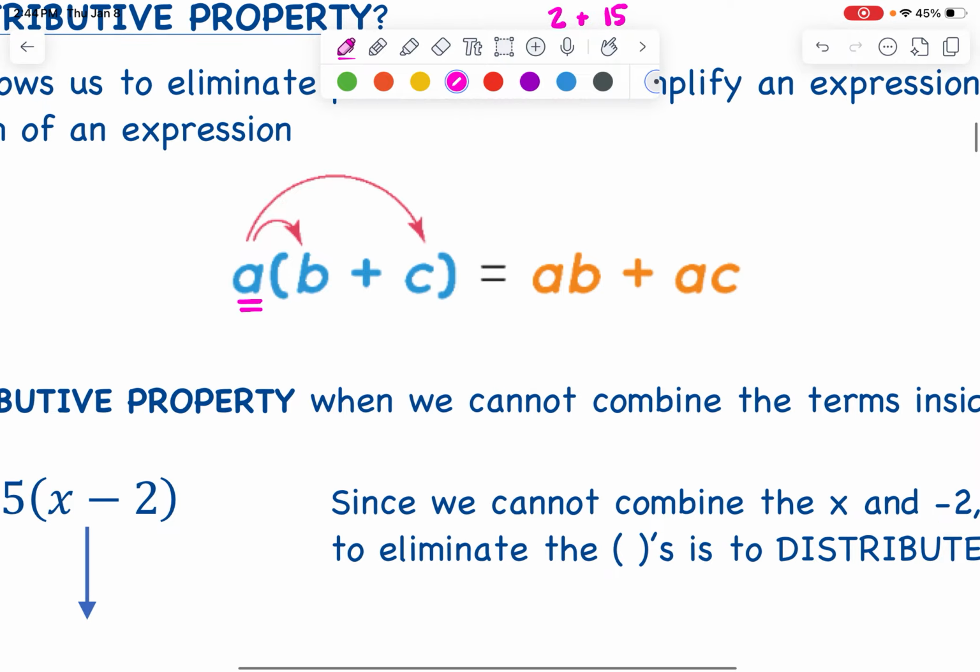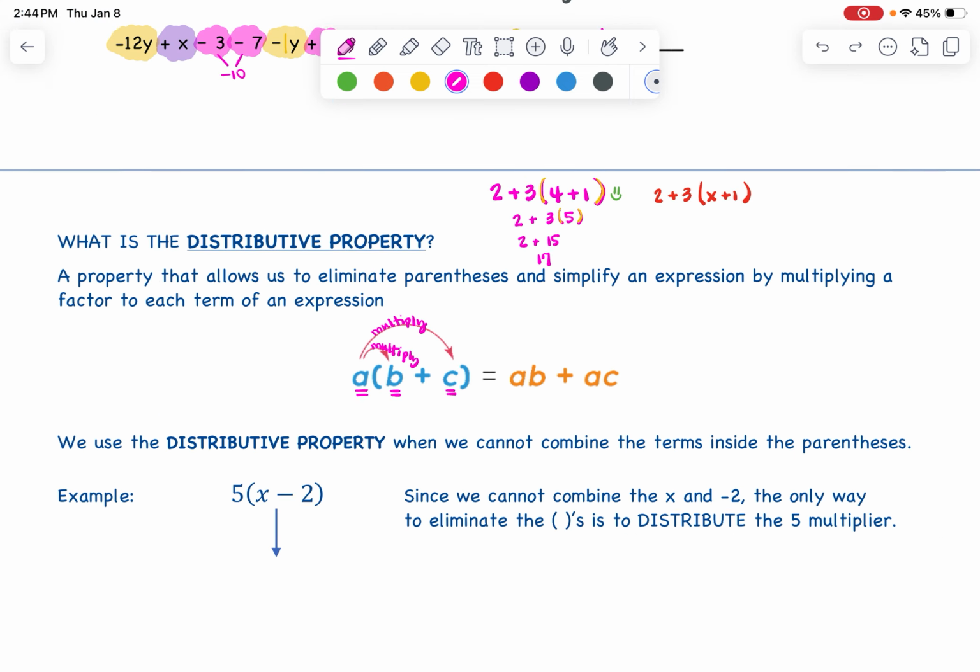So if I can't use PEMDAS to get rid of the parentheses, then I'm going to use the distributive property to get rid of them, which means everybody inside my parentheses needs to get multiplied by the number on the outside. So we're going to multiply A times B, which gives us AB, and then A times C, which gives us plus AC. And notice the parentheses are gone, which is super amazing. That's totally what we wanted to happen.